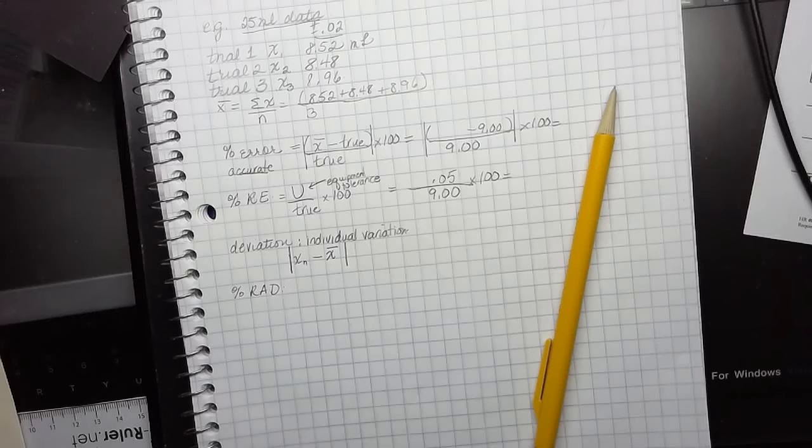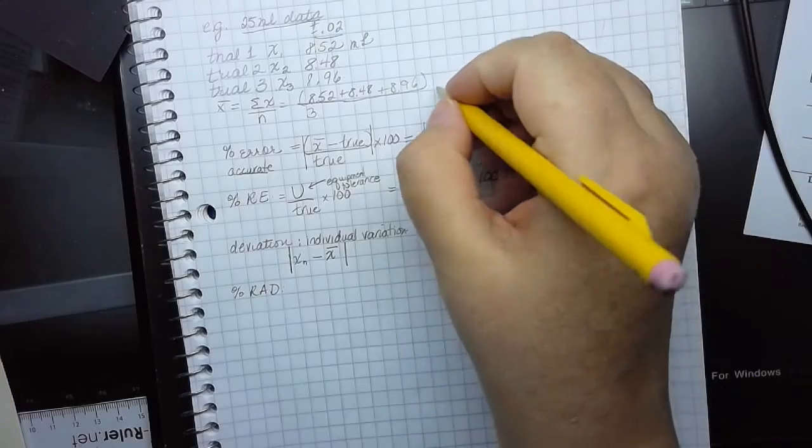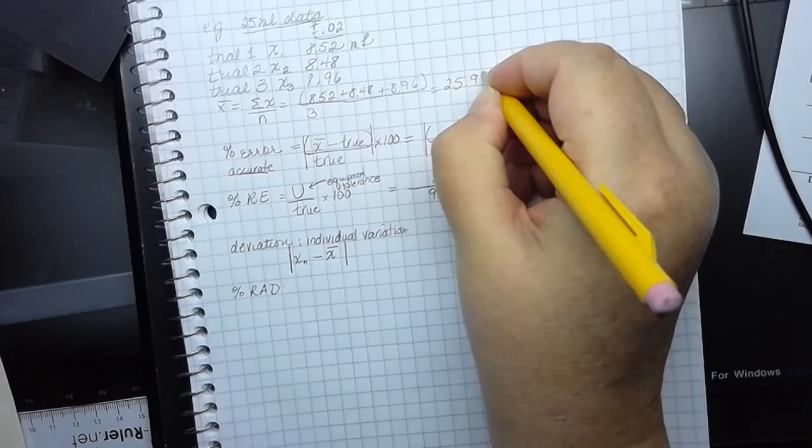Give me just a second, I'll pull up my calculator. So when I substitute in the numbers for the first one, I get 8.52, clear that, 8.52 plus 8.48 plus 8.96 gives me a total of 25.96.